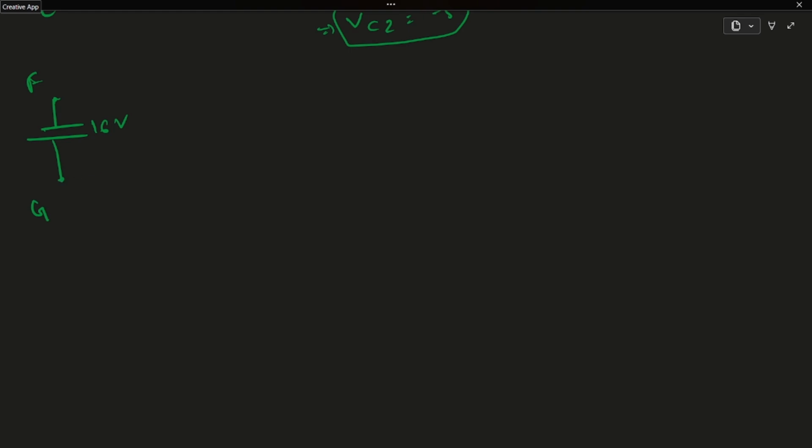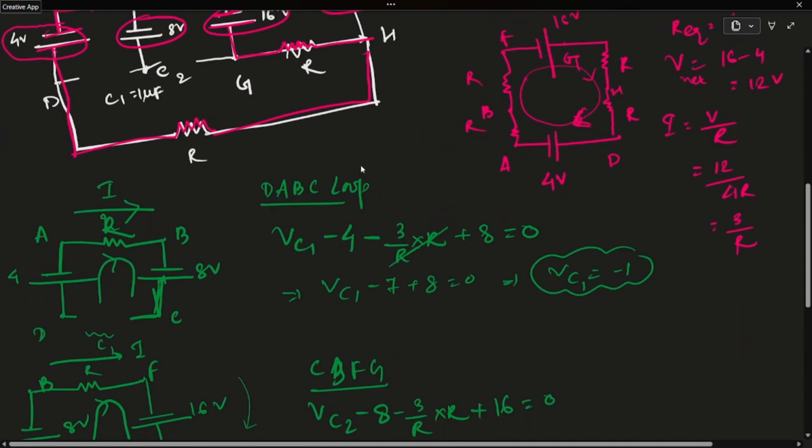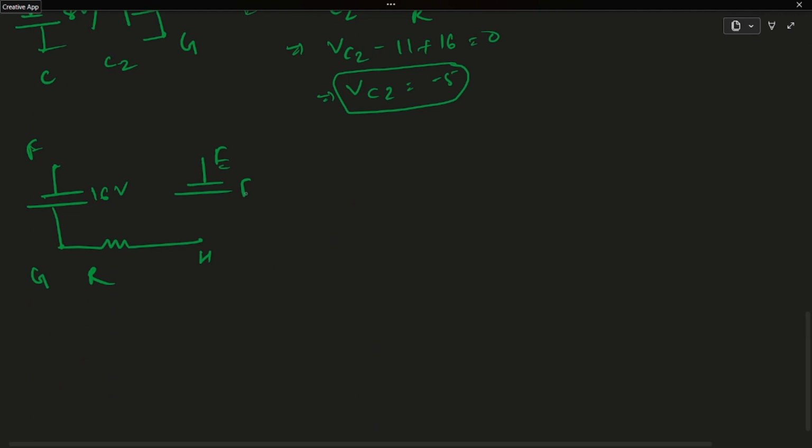This is G, and H. There is a resistor of R. Between E and H, there is a battery of 12 volts, and the capacitor C4 is connected. So let the voltage drop be VC4.